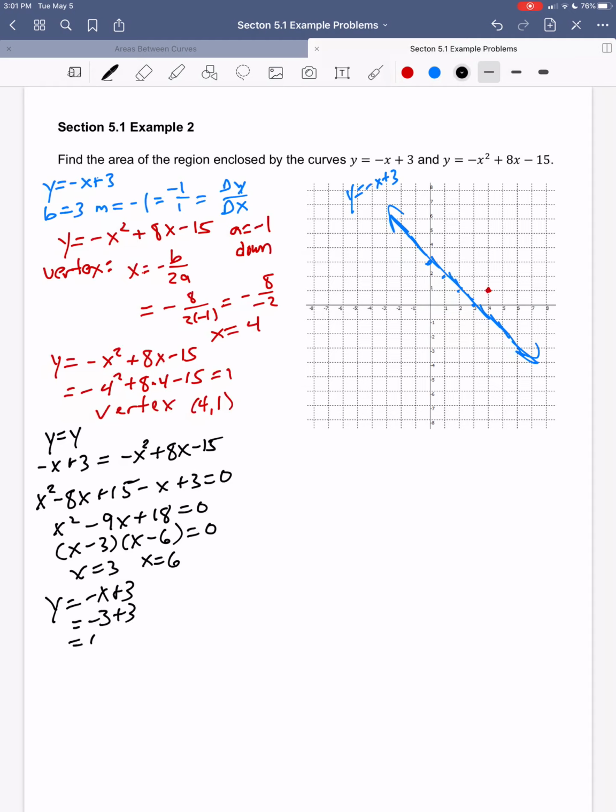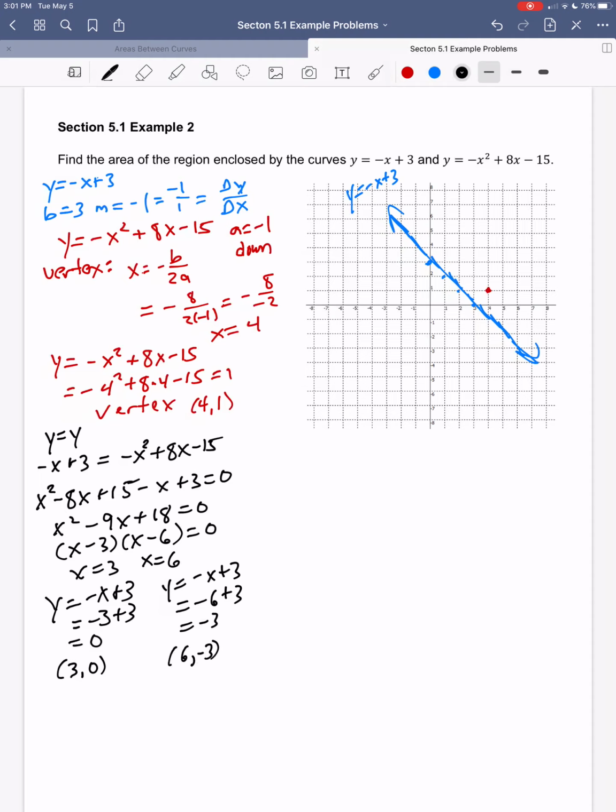That gives me y equals 0. So one point of intersection is 3, 0. The other one, I plug in 6, and I get negative 3. So that's the point 6, negative 3.